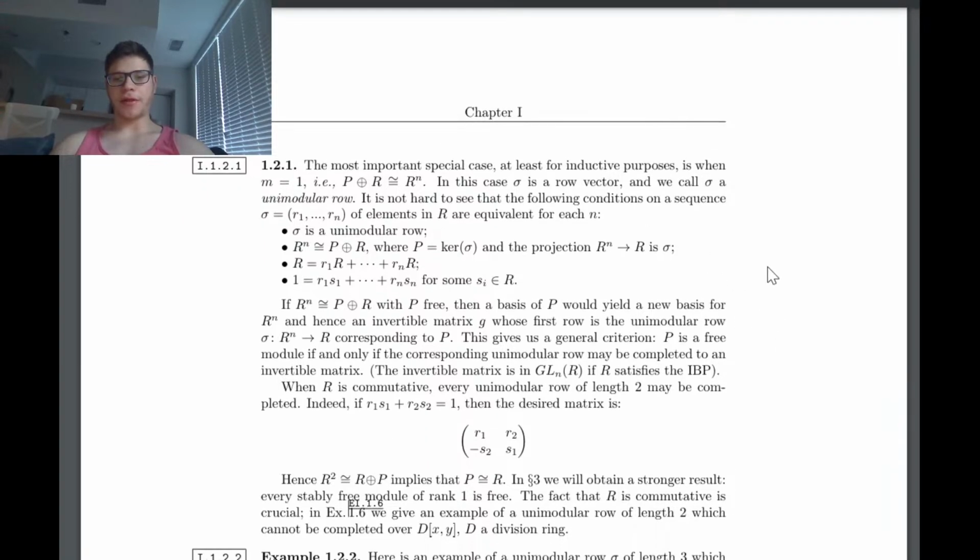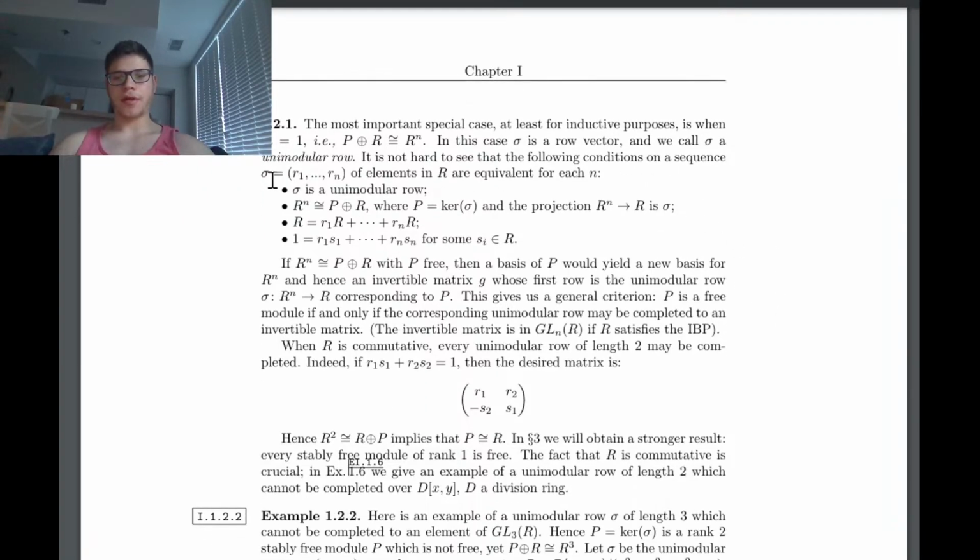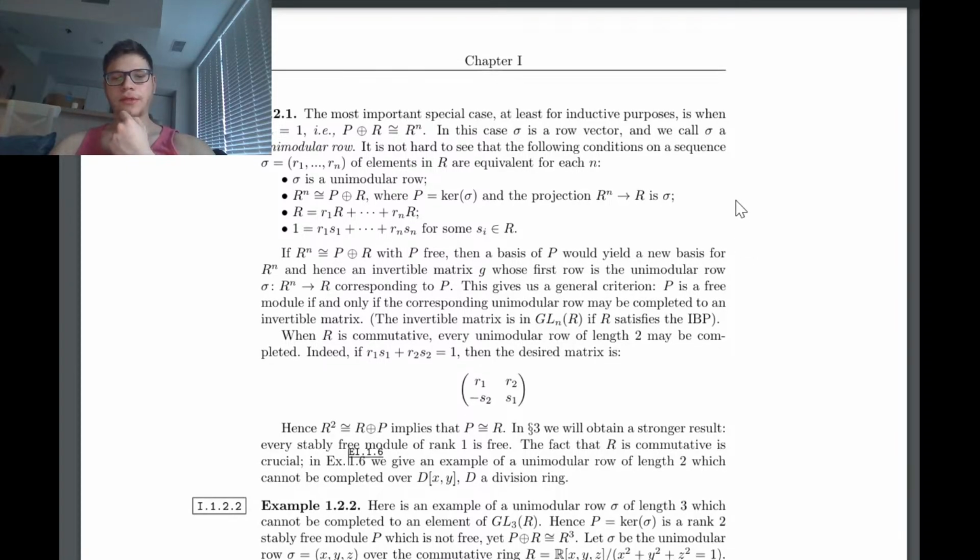It's not hard to see that the following conditions on a sequence of elements are equivalent. Sigma is a unimodular row; P is the kernel of the projection R^n to R given by sigma; and R equals R1 times R plus up to Rn times R. So why is this true?